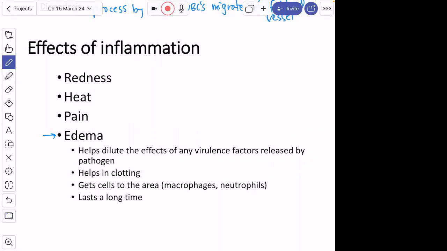If we look at those hallmarks of inflammation, hopefully now it's a little bit easier to understand why we get redness and why we get heat. That's due to increased blood flow. We get pain because those inflammatory mediators are going to stimulate the nerve endings.